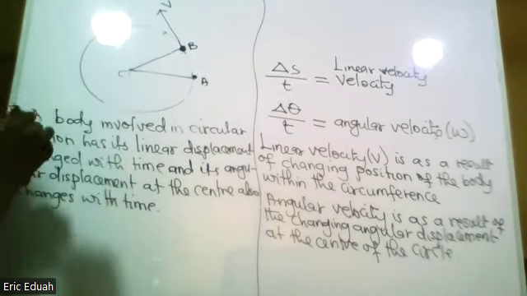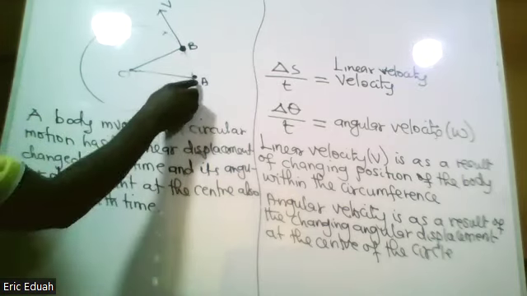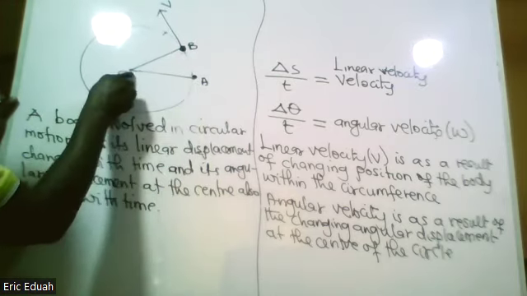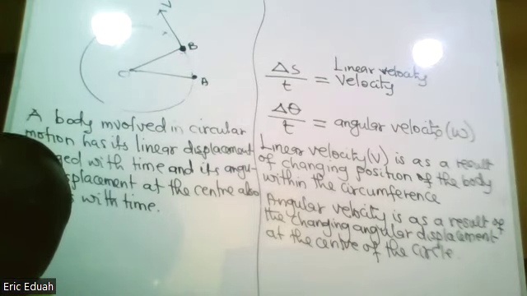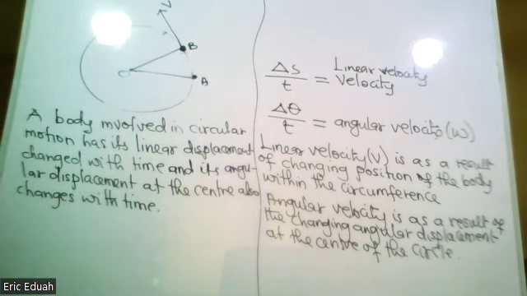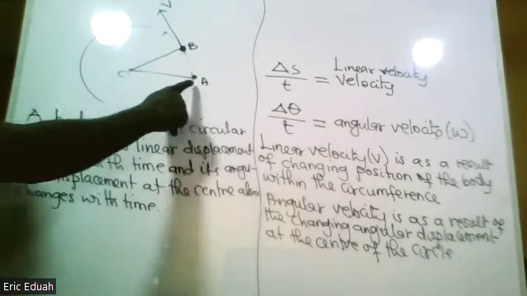I want somebody to help me. If the body is at A and hasn't moved, what will be its angular displacement? Zero. It's zero, because it has not moved.